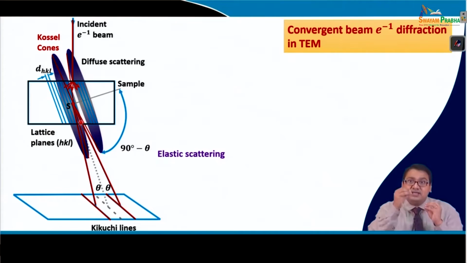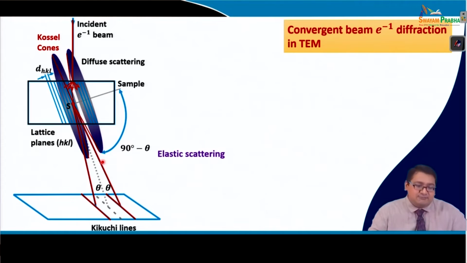And as the electron beam seems to be coming from inside the specimen in all possible directions, the diffraction, following the reinforced scattering and Bragg's law, occurs from both sides of a single HKL plane, and it forms a locus of points which makes a cone in both directions.